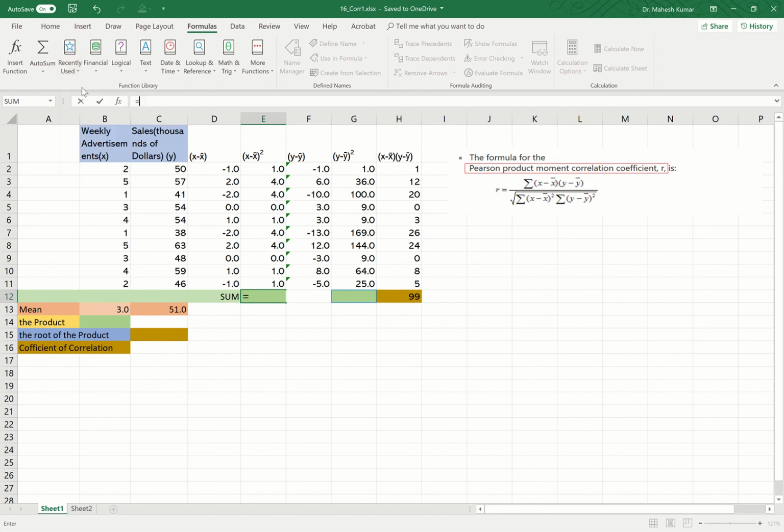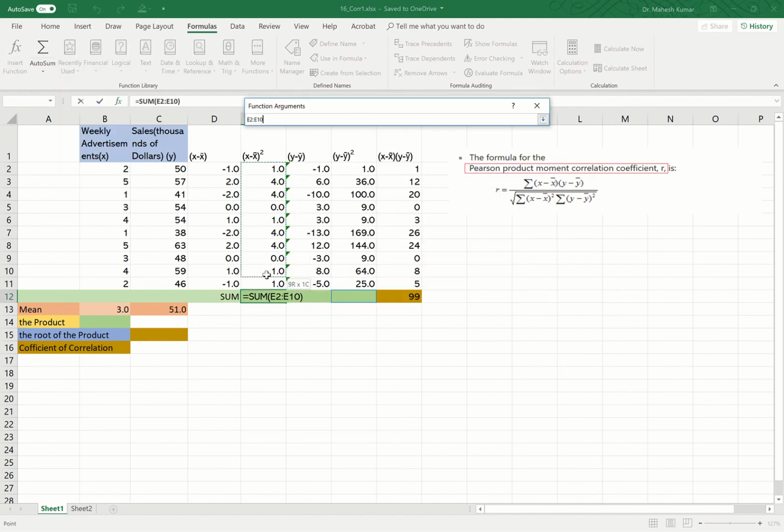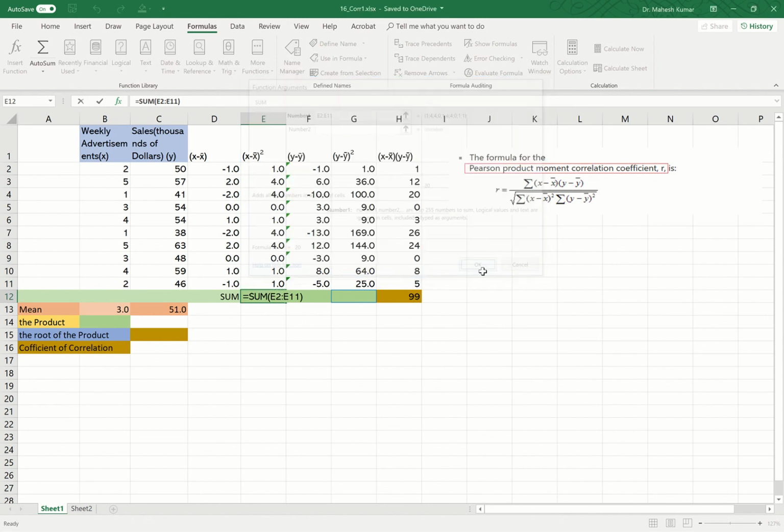I am taking the sum of these numbers, which are in column E, from cells E2 to E11. And here we get the sum of x minus x bar square.